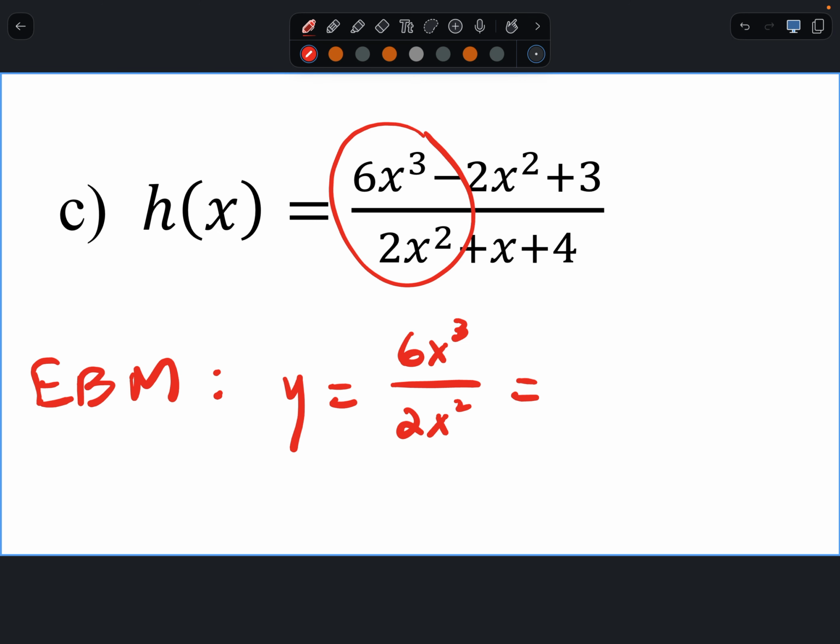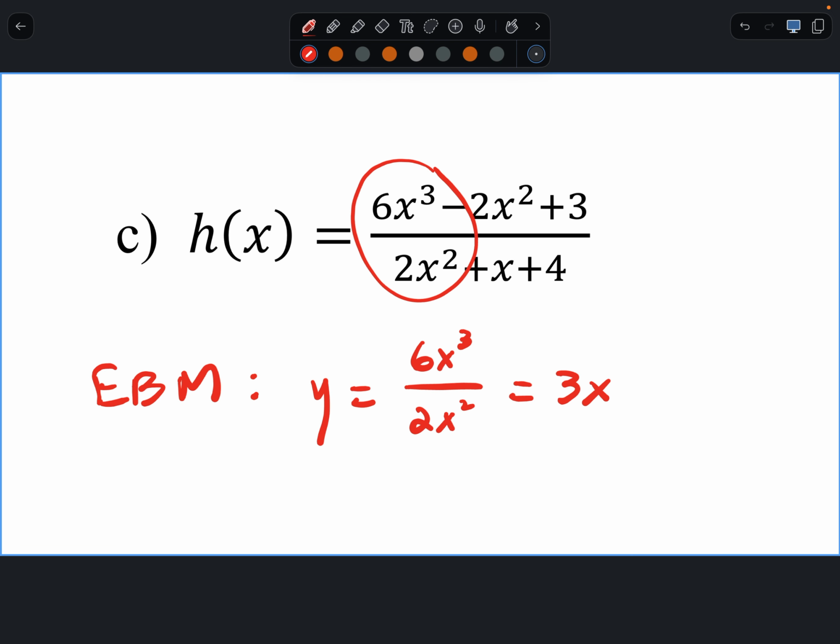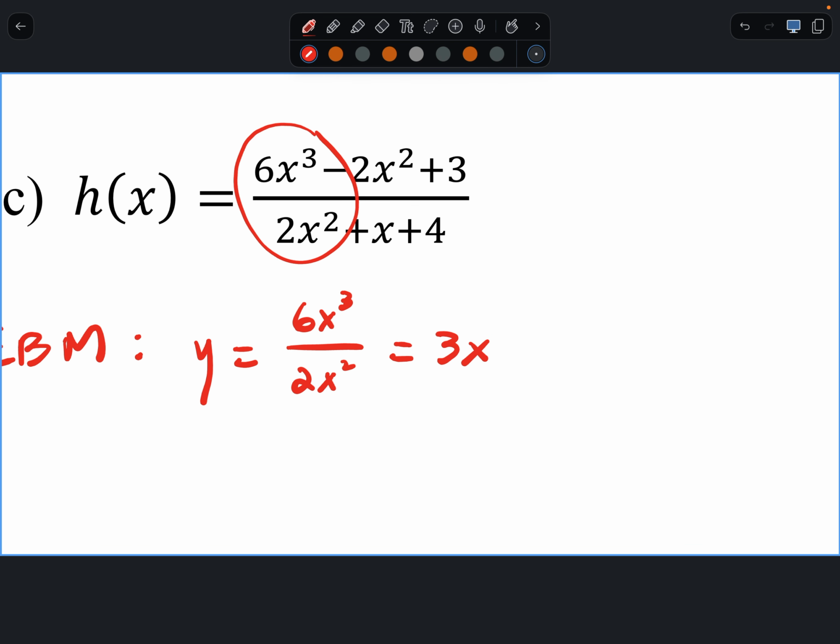So this is why we can say that the equation in the form of y equals mx plus b would give us the equation of the slant asymptote.